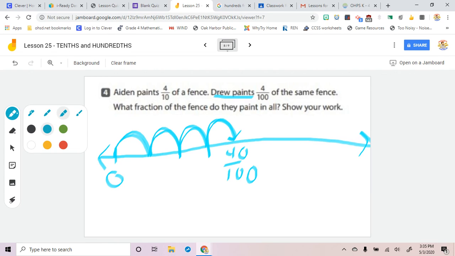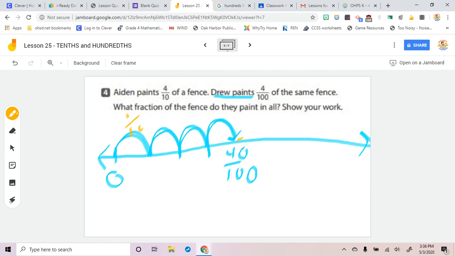And then Drew, lazy guy, only painted 4/100. So that would be, imagine 10 jumps inside each of these 1 jumps. If each of these is 1/10, Drew only does 4.